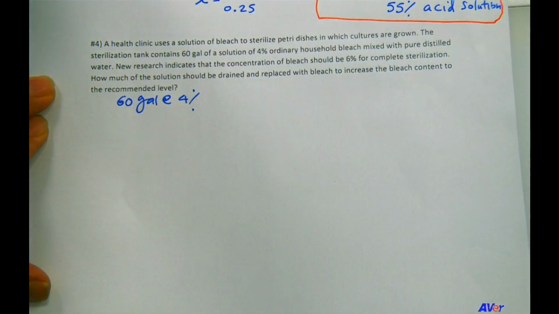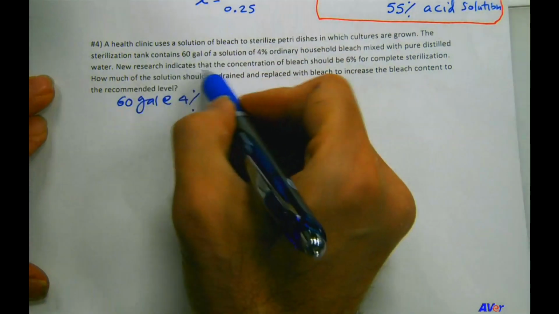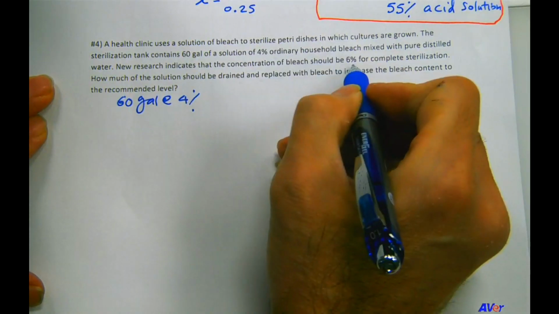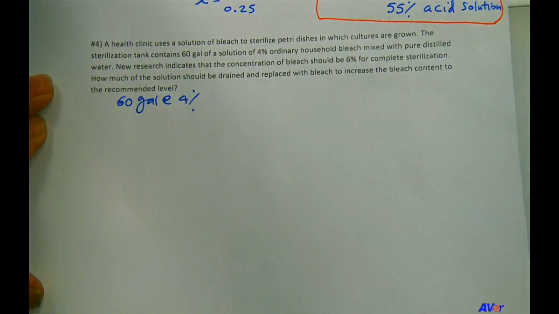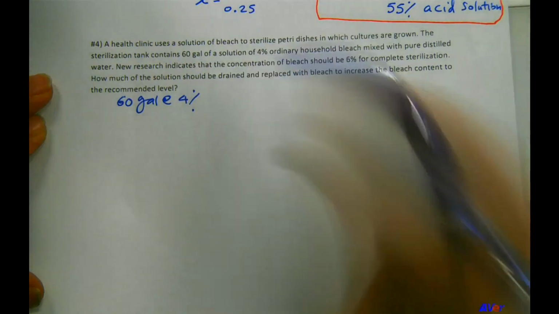It's not entirely bleach. So new research indicates that the concentration of bleach should be 6% for complete sterilization. So apparently 4% doesn't kill all the germs that they want to get rid of. So it has to be 6%, not 4%.